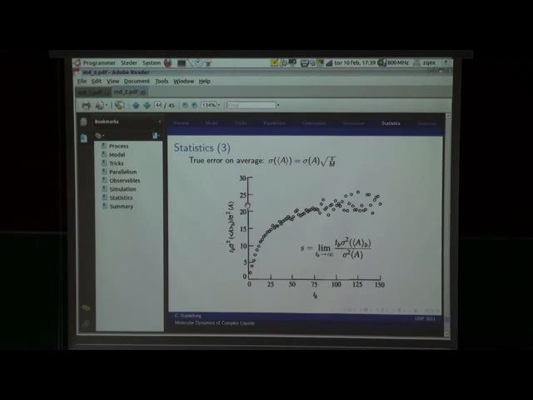Then you know the true error on the average, which is the error on the observable divided by square root of m. So the error is larger because subsequent configurations are correlated. Just something that you have to be aware of.